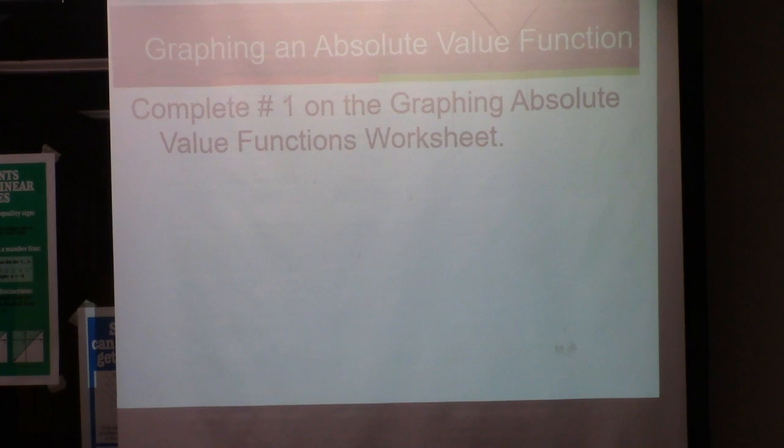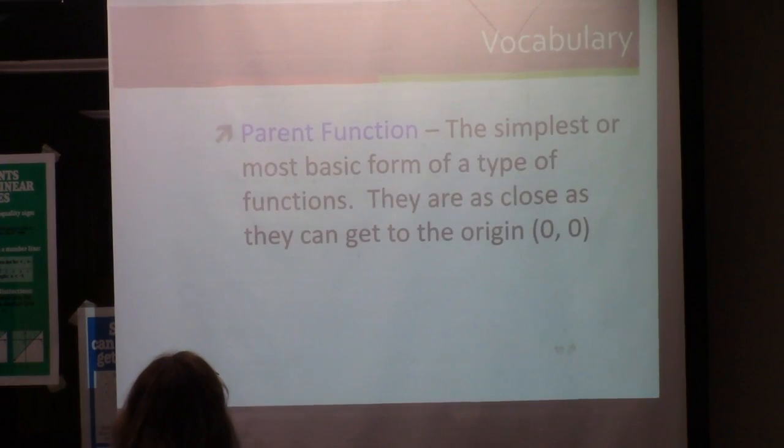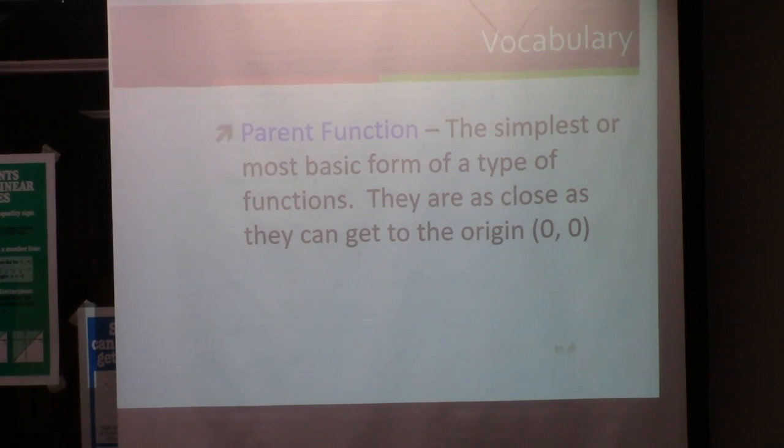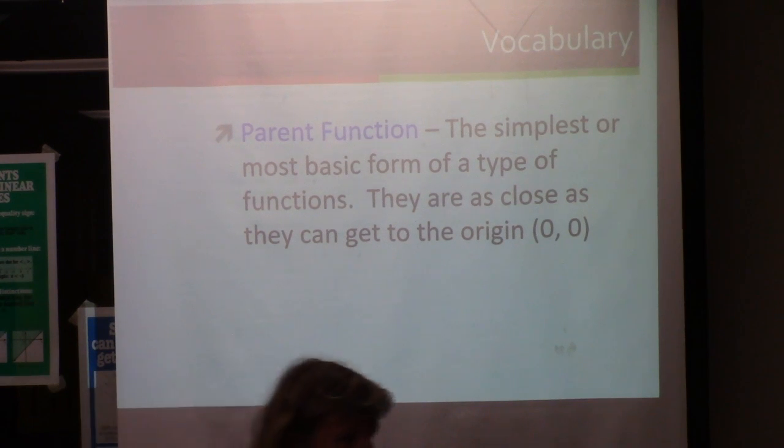Okay, so everybody got number 1 graph, are we good? All right. So, parent function, that's on the other sheet. A parent function is the simplest or most basic form of the type of function. They are as close as they can get to the origin, which is 0, 0.